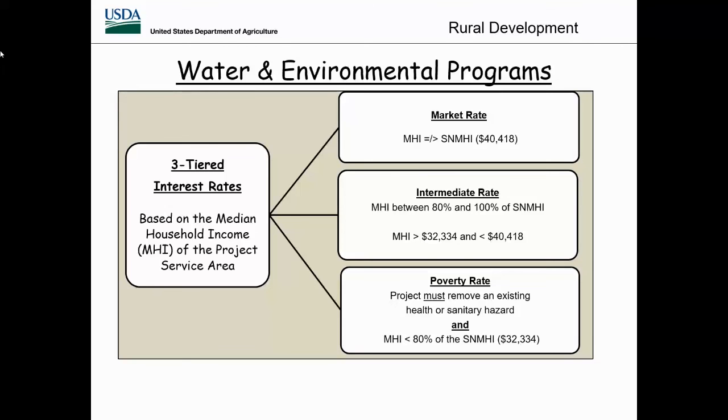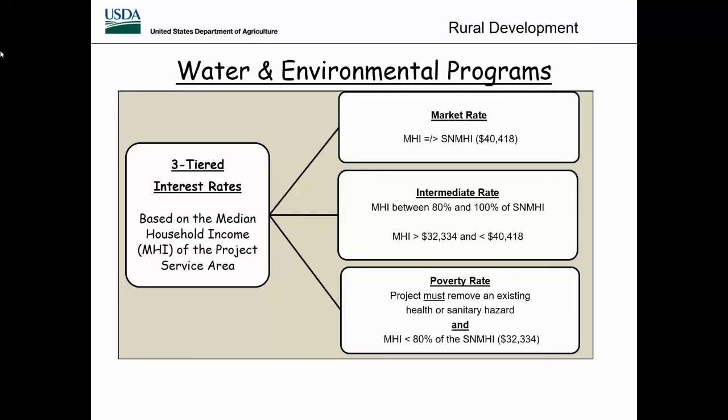Based upon that 2010 census, the average income for the whole state of Kentucky was $40,418. So the service area of your system, if the income is $40,418 or higher, then you would qualify for what we call the market rate.